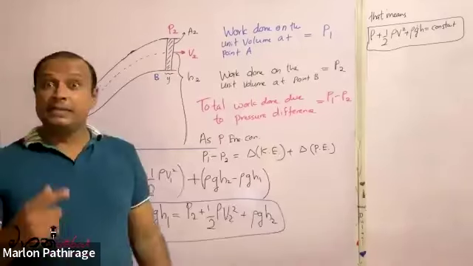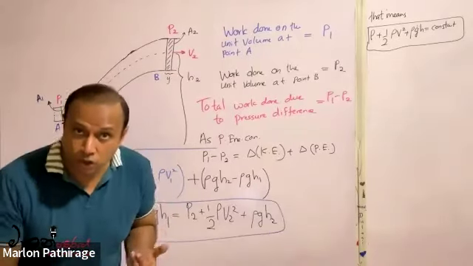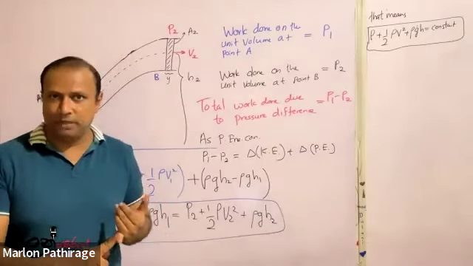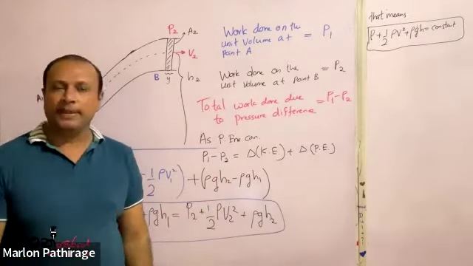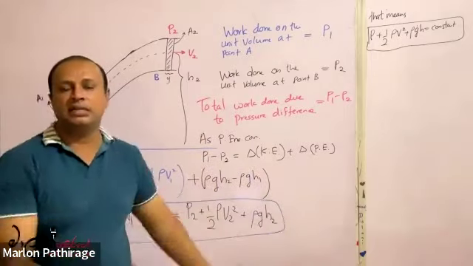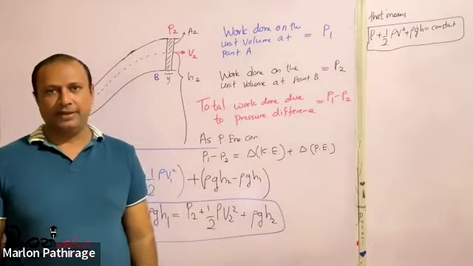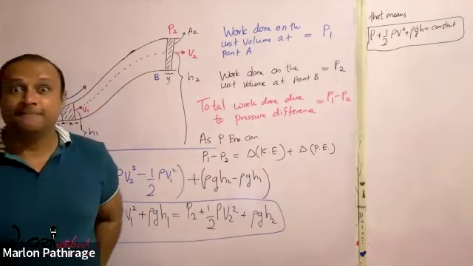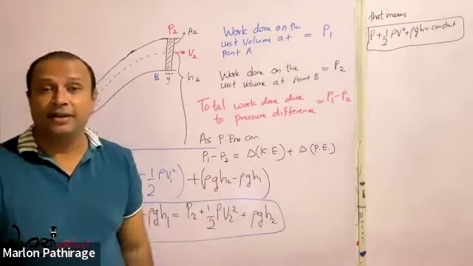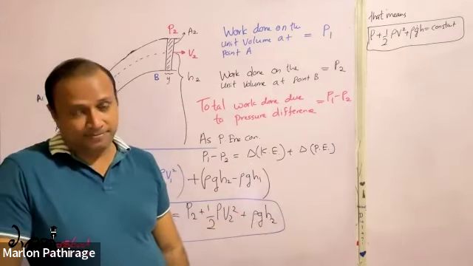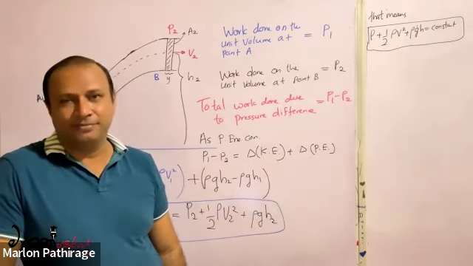Therefore, this fluid should be a non-viscous fluid. If there is viscosity, definitely some energy can be consumed to do work against friction. Okay. And this should be a steady state streamline flow. That means laminar flow.